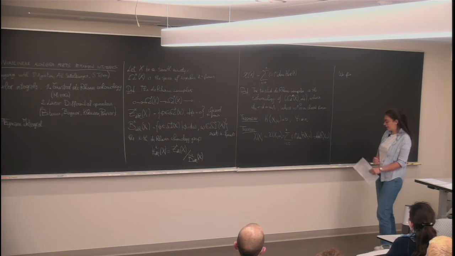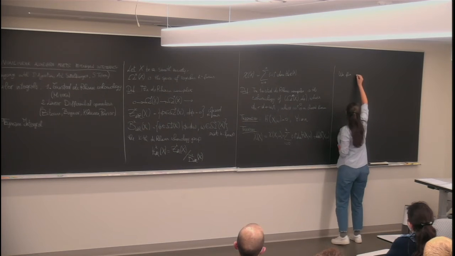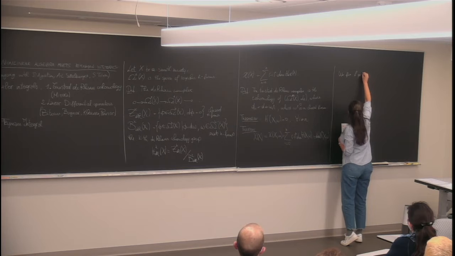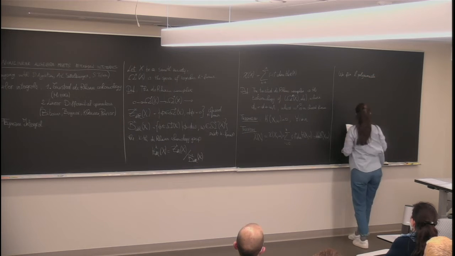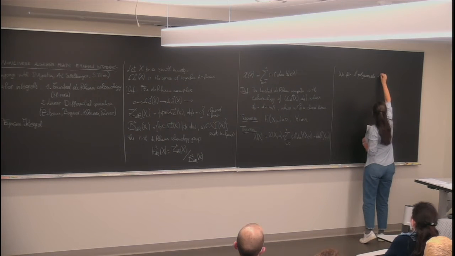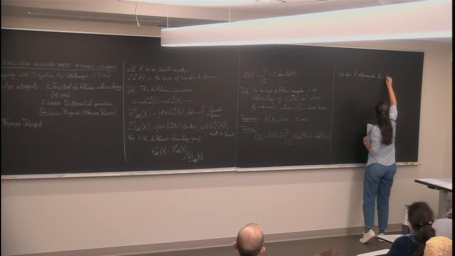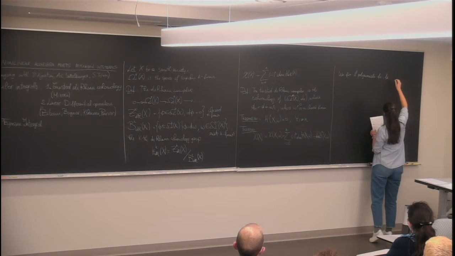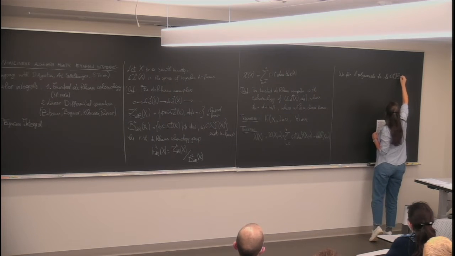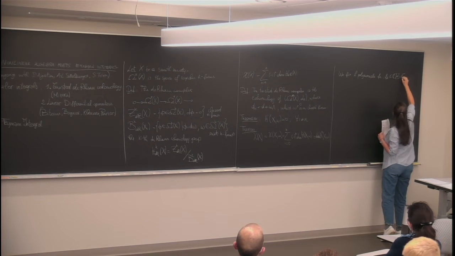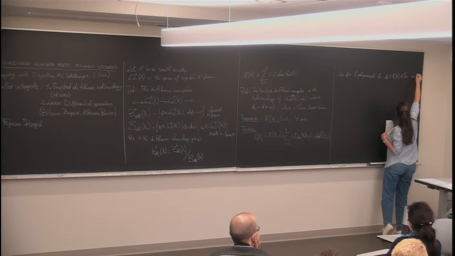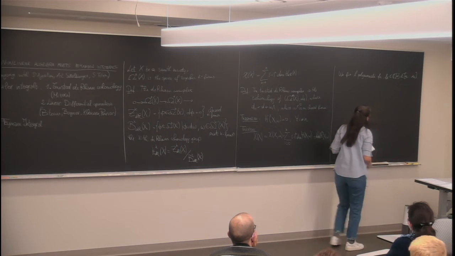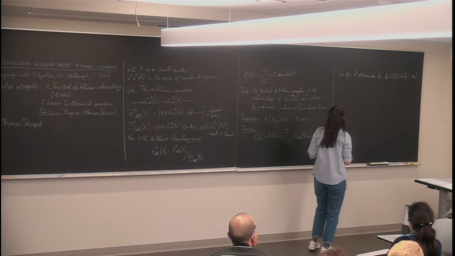So, okay, we fix l polynomials f_1, ..., f_l to be polynomials in n variables with complex coefficients. x will denote the vector of variables x_1 to x_n.